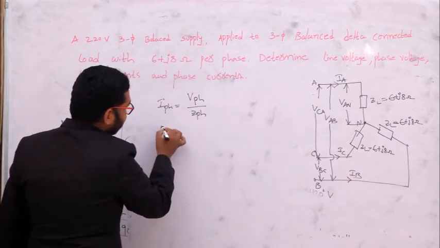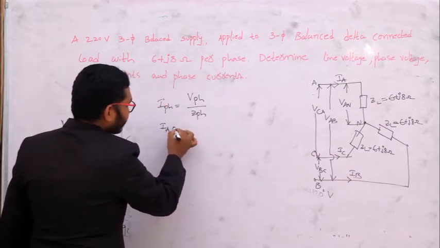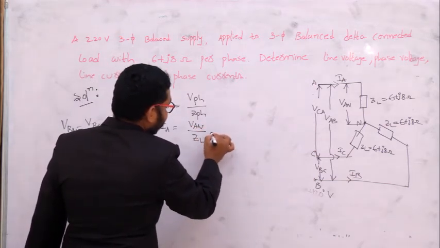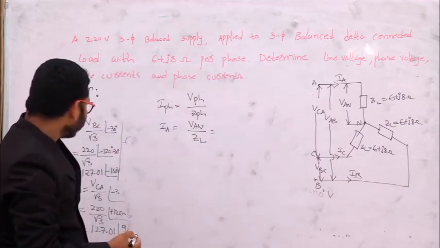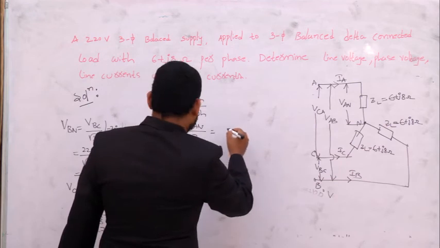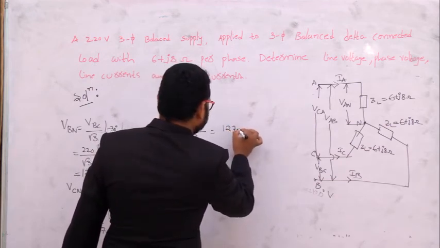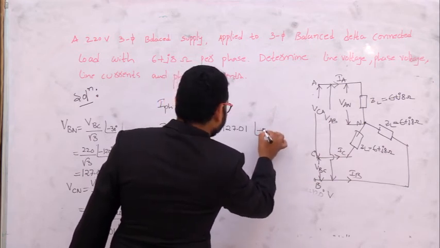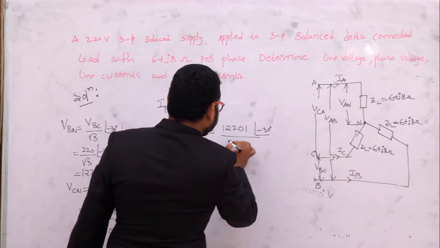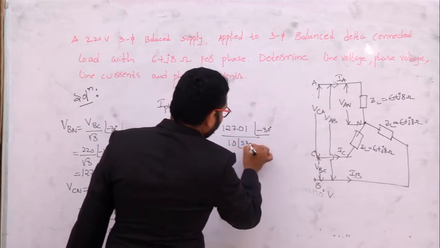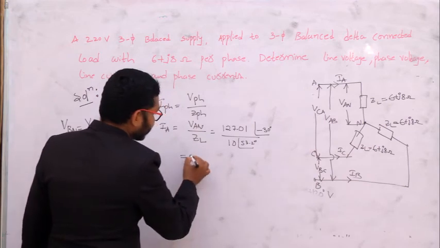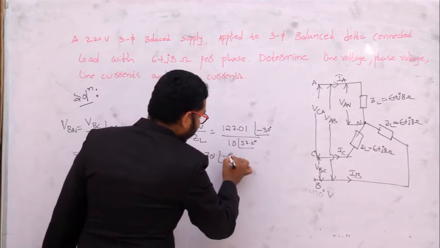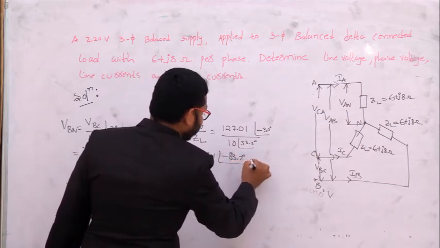So IA equals VAN by the impedance ZL. What is the value of VAN we got? It is 127.01 at minus 30 degrees, and ZL is 10 at an angle 53.2 degrees. So you will get 12.701 at an angle minus 83.2 degrees amperes.